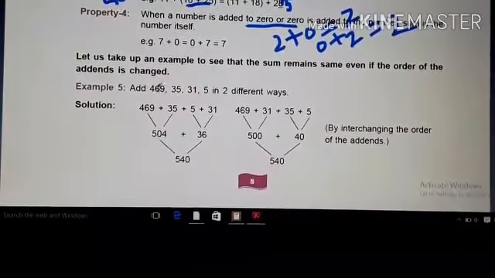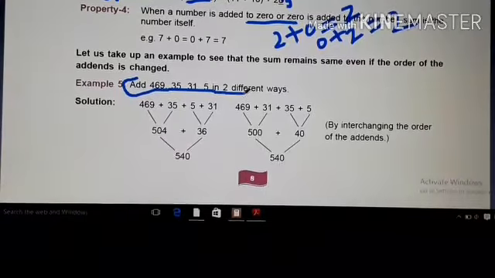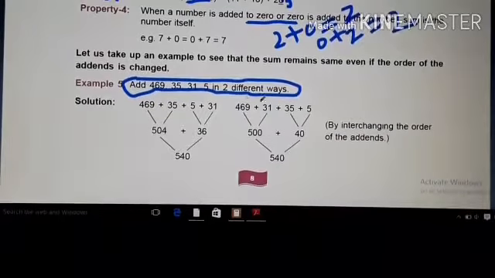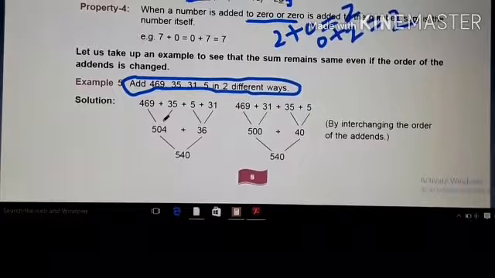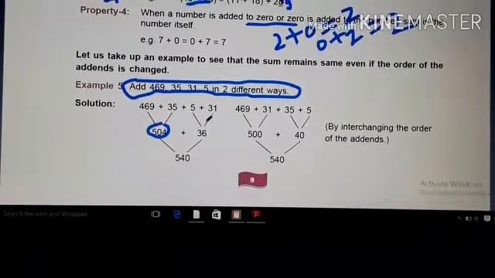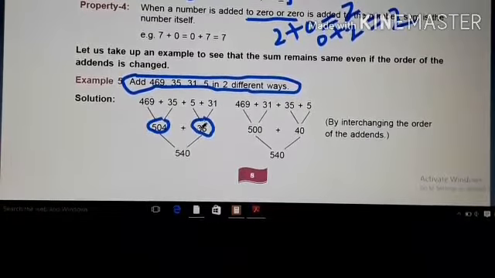Next, see the example. Add 469, 35, 31 and 5 in two different ways. When we add 469 with 35, this gives you 504. When we add 5 plus 31, this gives you 36. When both these numbers are added up, this gives you 540.